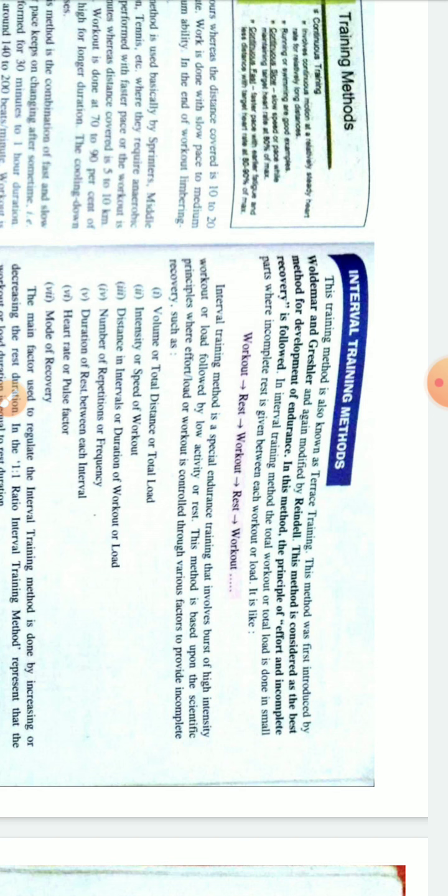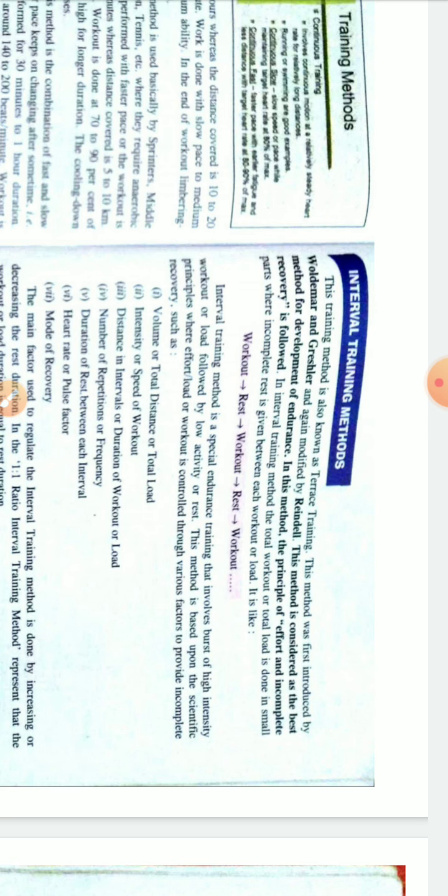Slow interval training methods are very effective for developing aerobic endurance. Aerobic endurance means presence of oxygen. In these methods, the players do workout at medium speed, whereas the distance is longer. There will be long duration, long distance.